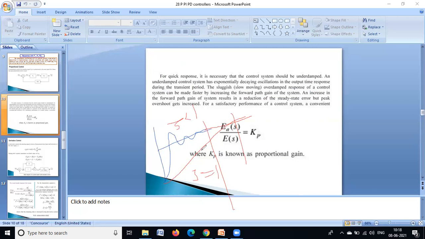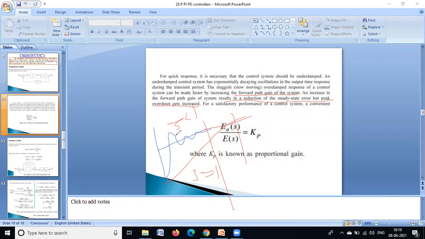This sluggish system can be made faster just by increasing the forward path gain of the system. Increasing the forward path gain results in reduction of steady state error, but the peak overshoot gets increased. Here, if we increase the forward path gain, the zeta value decreases.